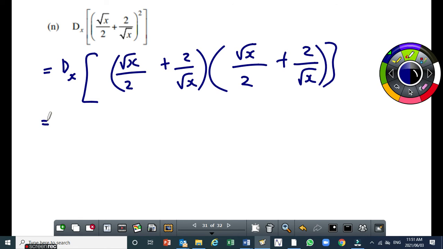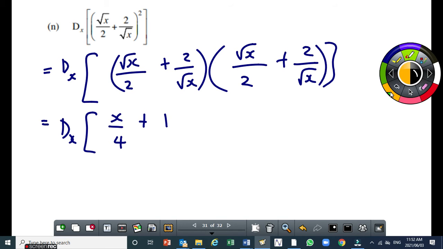So when you do the multiplication, it will be square root of x over 2 times square root of x over 2. You have to know your sets. So that will give you x over 4. Square root of x over 2 times 2 divided by square root of x will give you a positive 1. Why?